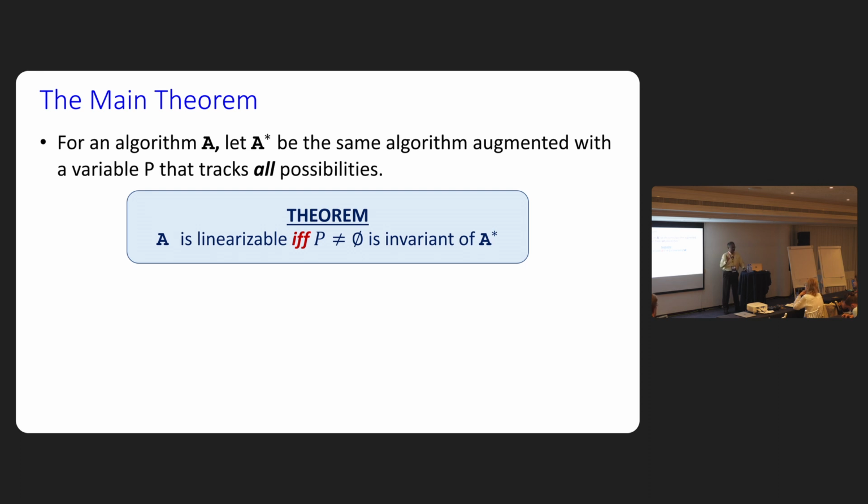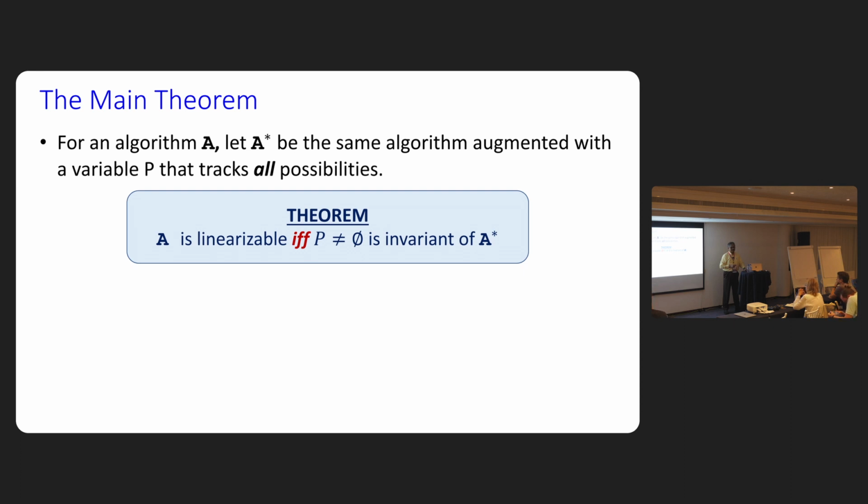Is the theorem understood? I'm not going to go into the proof of the theorem. The proof is not difficult, actually. I mean, it is. But because we have not missed a single possibility, completeness is guaranteed.